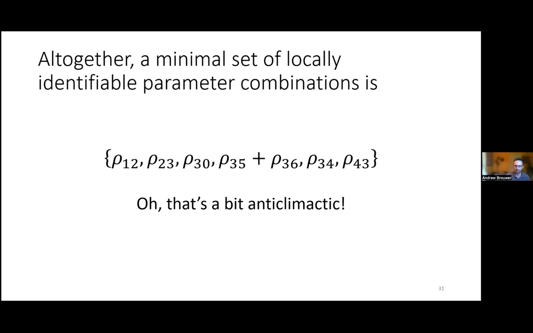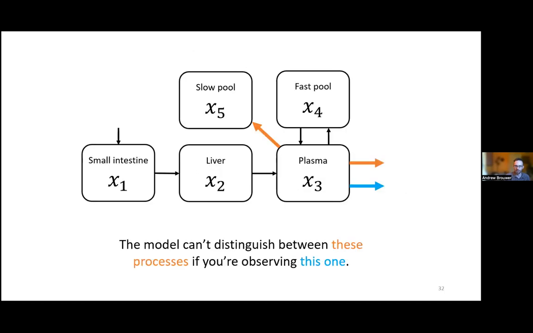So then, to point to Alexei's question, can we find a subset of differential equations that account for that non-identifiability? What this means in this case is that we can't distinguish between the two orange arrows if we're only observing the blue arrow.